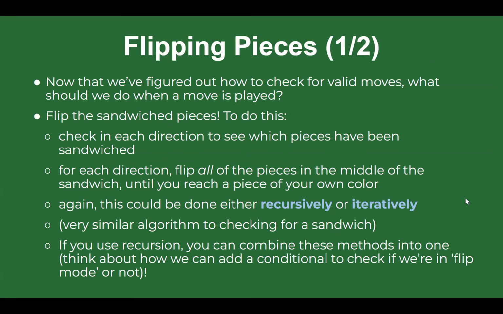All right, so next, we've checked that a move is valid and we played our valid move, but now we need to update the board to reflect that we just sandwiched some pieces. So we're gonna do a very similar process to when we were checking for valid moves. We're gonna check in each direction to see which pieces exactly have been sandwiched.